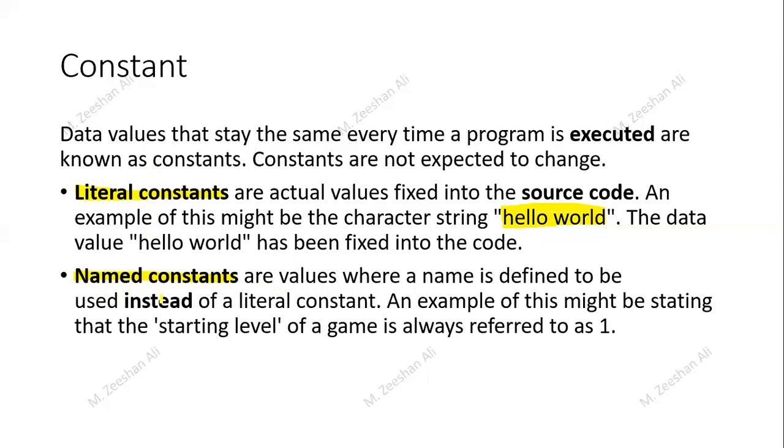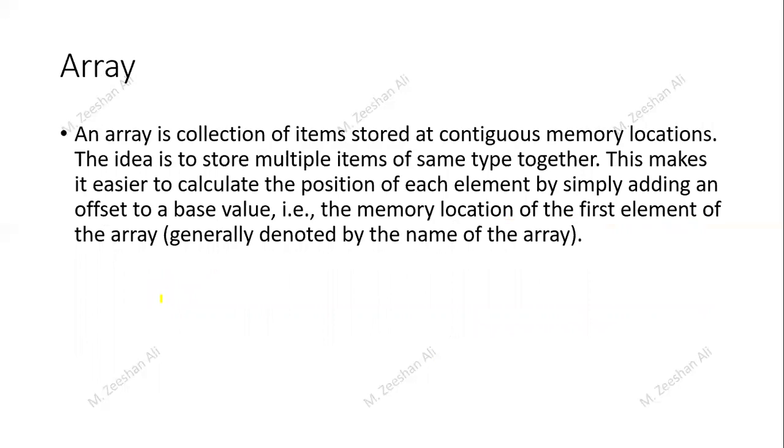Okay, so let's move to the third type of data structure, and that is array. An array is a collection of items stored at contiguous memory locations. As we have discussed on the very first slide of the data structure, what is the data structure, it's a name of a memory location and the type of it.